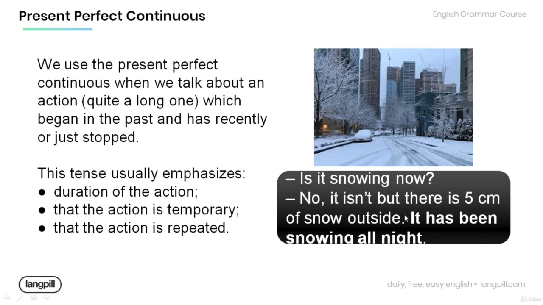No, it isn't, but there is 5 centimeters of snow outside. It has been snowing all night. Note that the sentence, it has been snowing all night, is in the present perfect continuous form, and it's used to talk about an action that has just stopped, and also to emphasize how long it had been snowing.